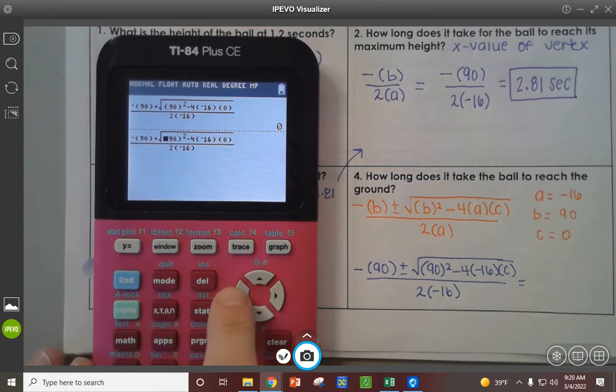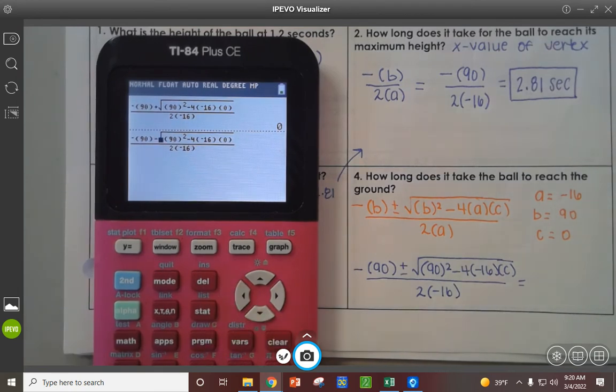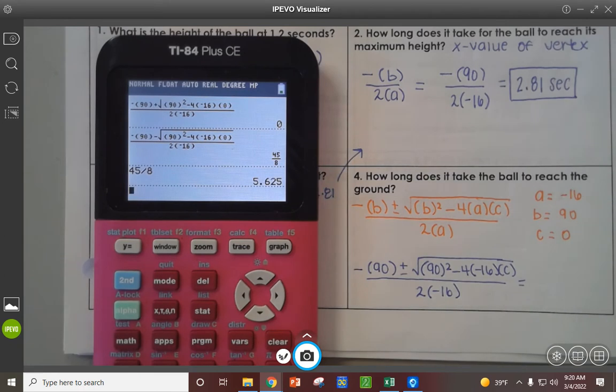So anytime you have a 0 or a negative number, don't use those. Just use the positive number. And we want to leave it as a decimal because when I say 45 over 8 seconds, that doesn't make sense to you. 5.6 seconds is a little bit better.